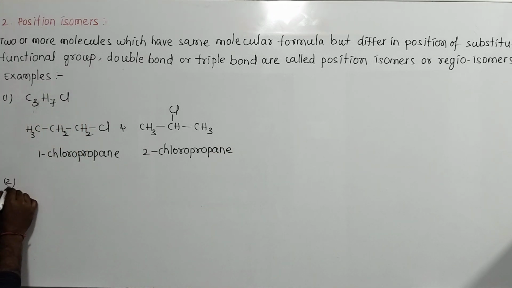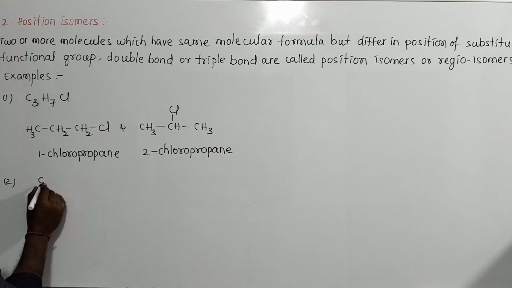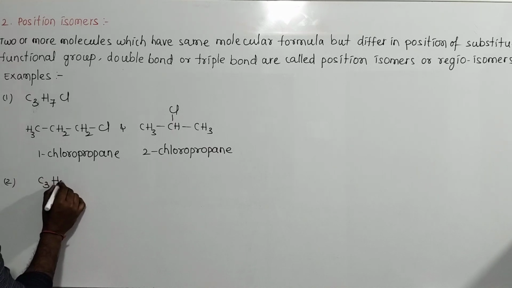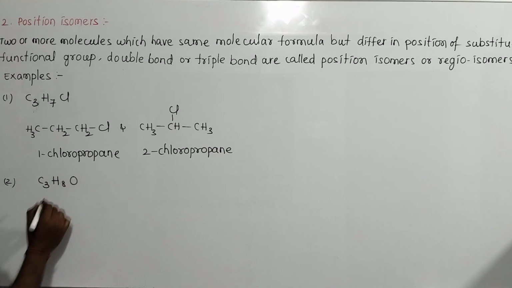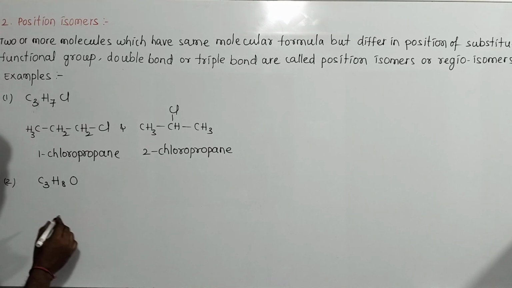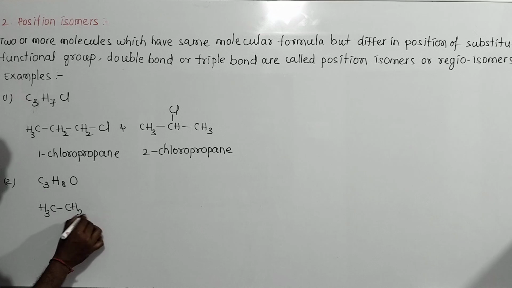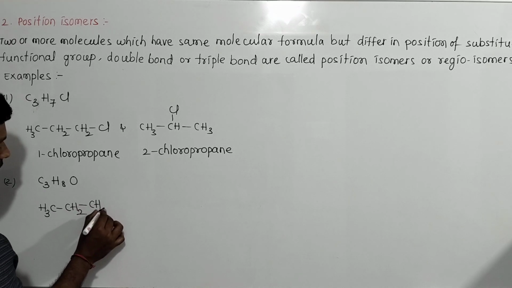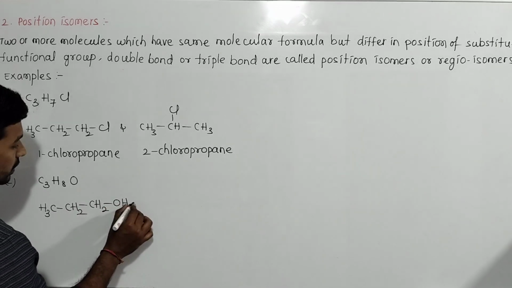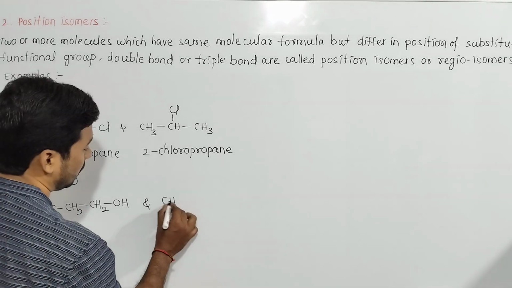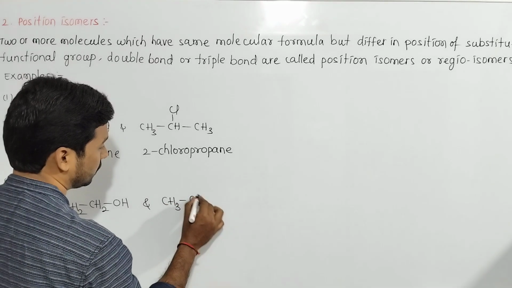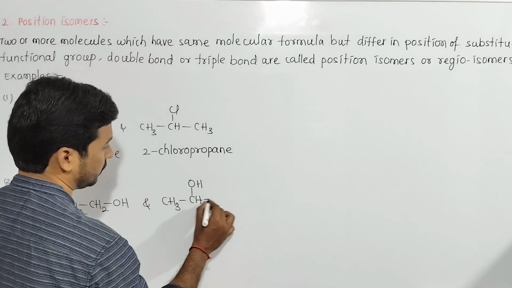Next example, C3H8O. With C3H8O, I am writing two molecules with different position of functional group. CH3, CH2, CH2OH is one molecule and the other is CH3, CHOH and CH3.